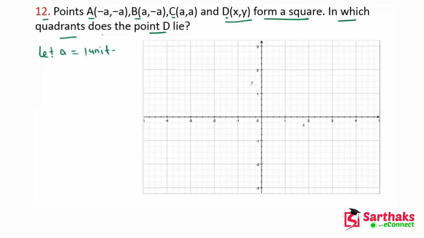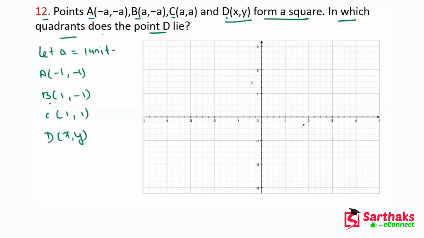So point A will become minus 1 comma minus 1, point B will become 1 comma minus 1, point C will become 1 comma 1, and point D is as it is, x comma y. This is not changing.